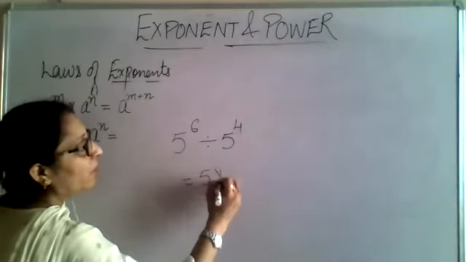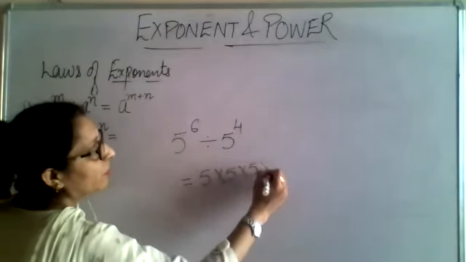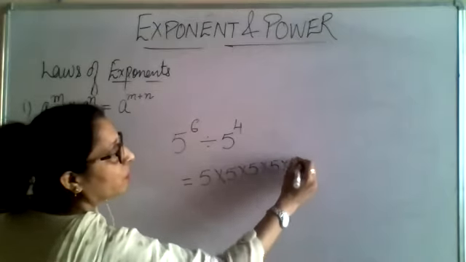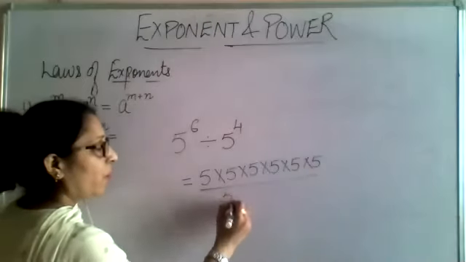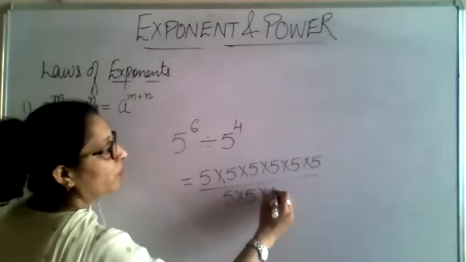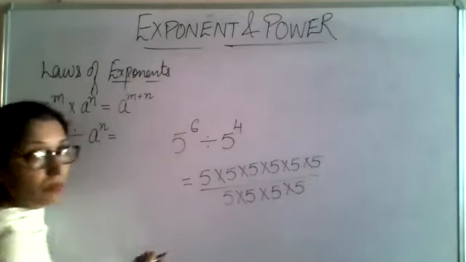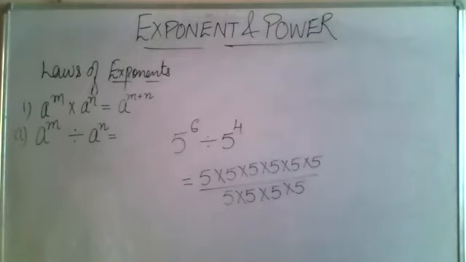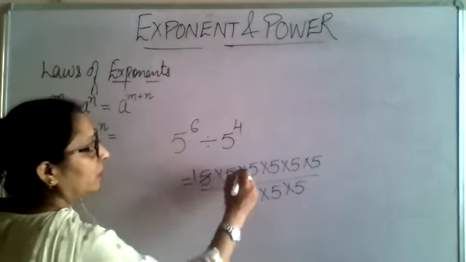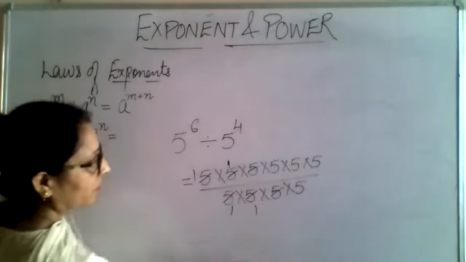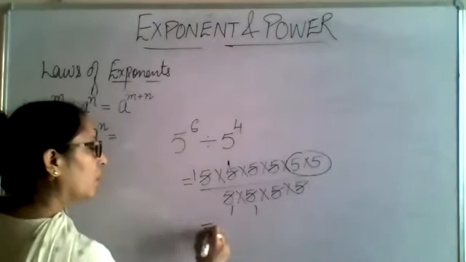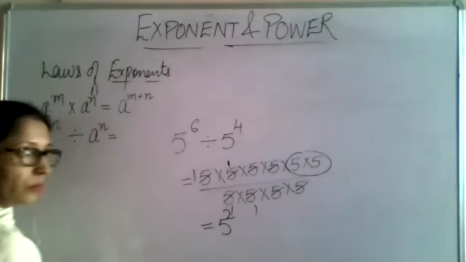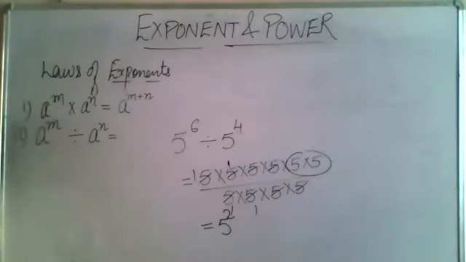He will write 5 into 5 into 5 into 5 into 5 into 5 divided by 5 into 5 into 5 into 5. You must have seen how much time it is taking. Cancelled, 1, 1. What is left? 5 raised to power 2.